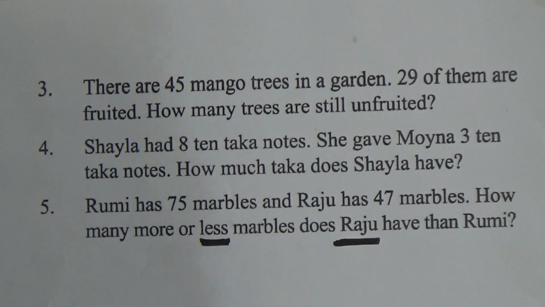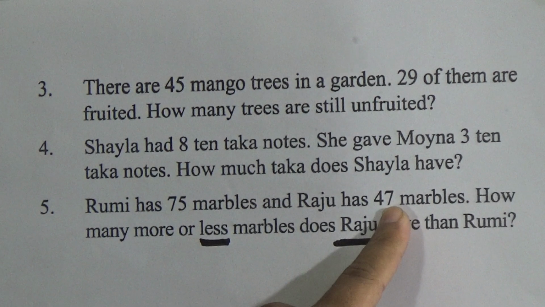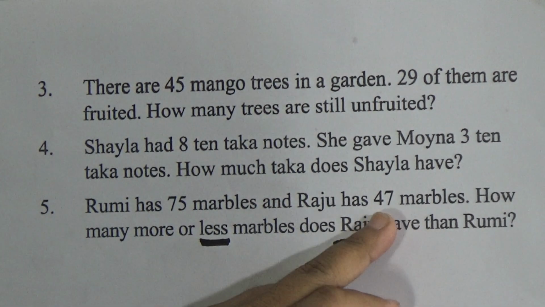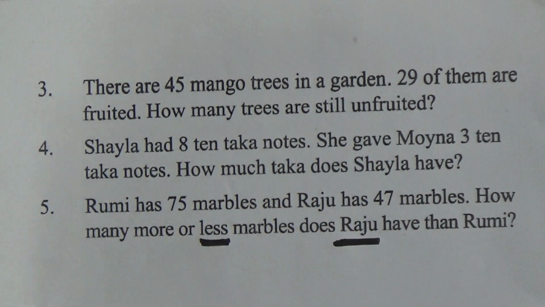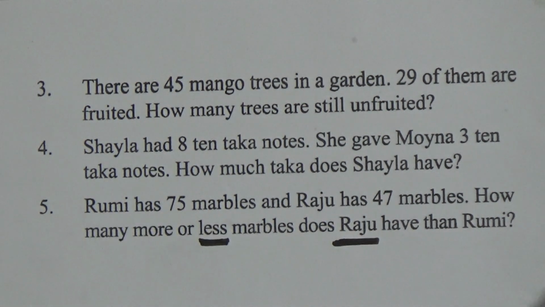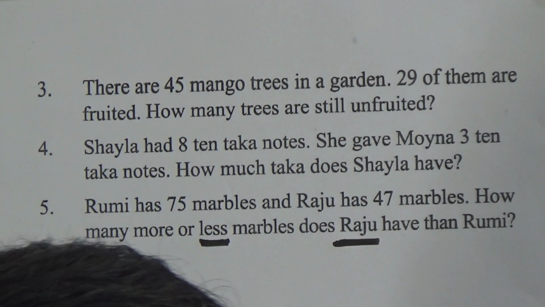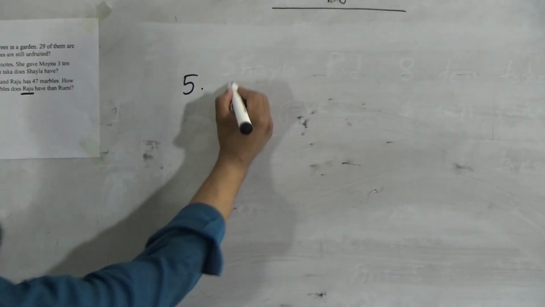So Raju has fewer marbles than Rumi. And we will find out the difference between 75 and 47. To find out the difference, we need to subtract 47 from 75. Okay, now I am writing down the solution on the board. To solve this one on the board, I need to erase this question number 4. Okay, now solution of 5.